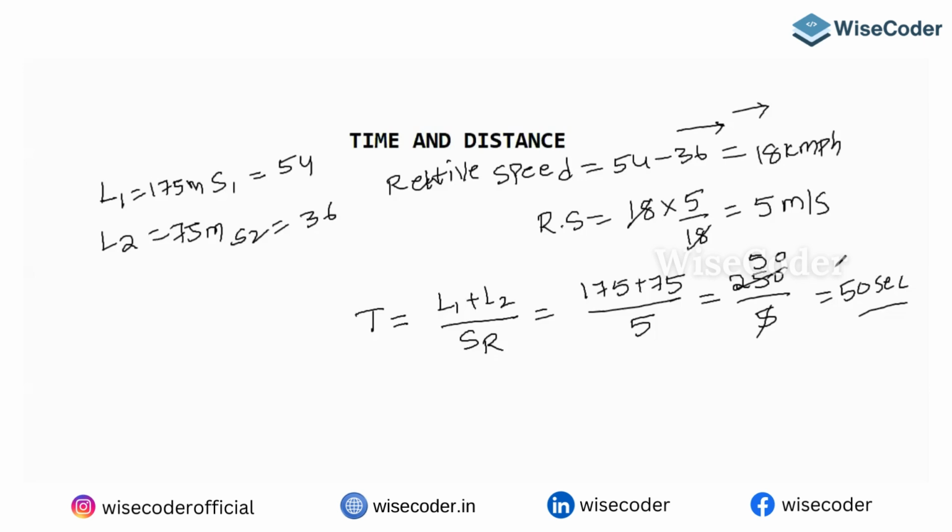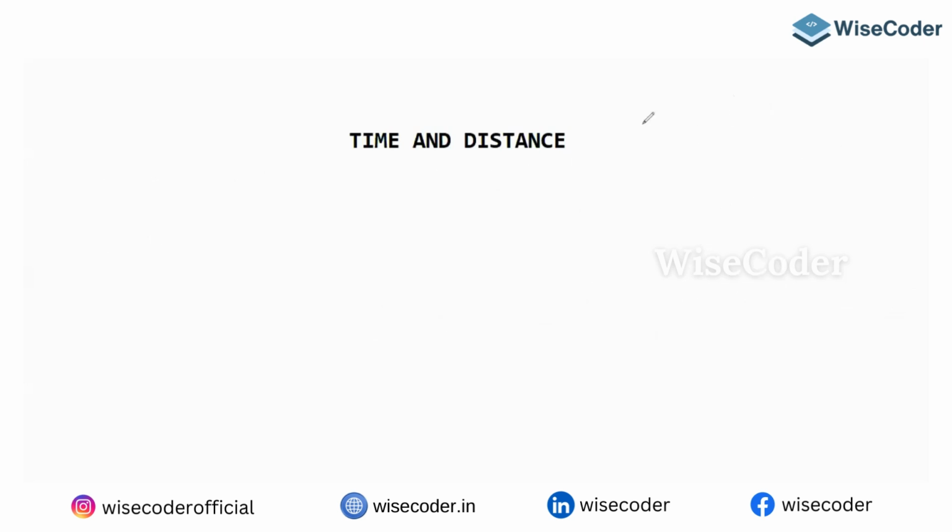Find the time taken by a 150 meters long train running at 36 kilometer per hour to cross another train of length 200 meters running at 54 kilometer per hour.